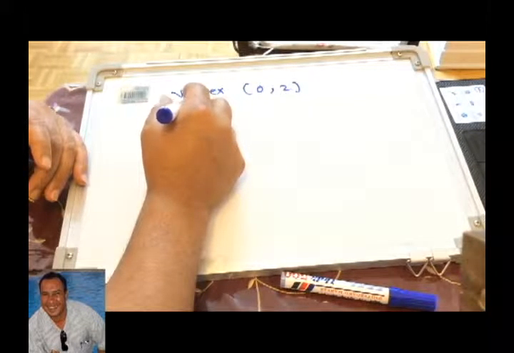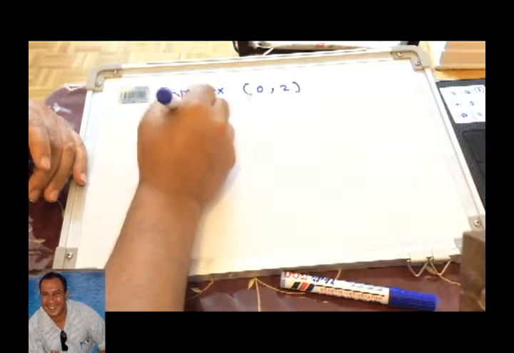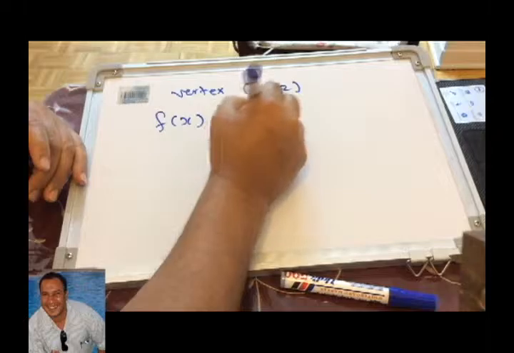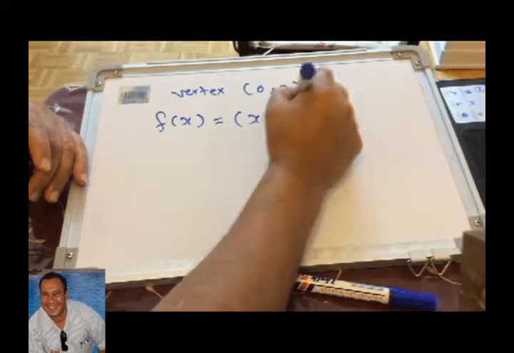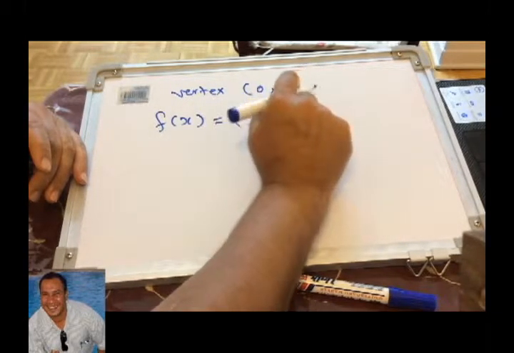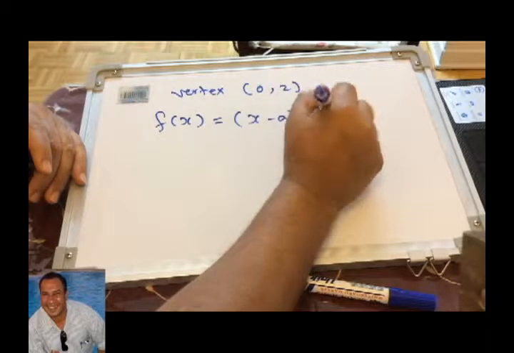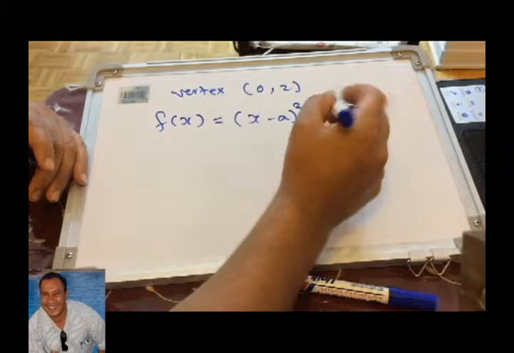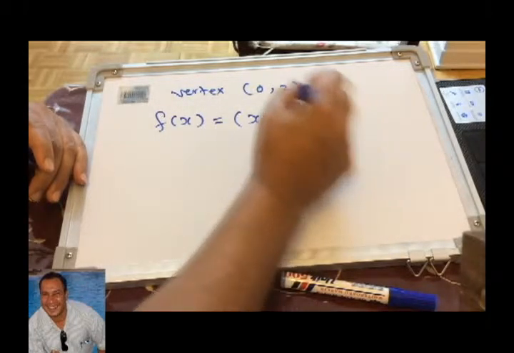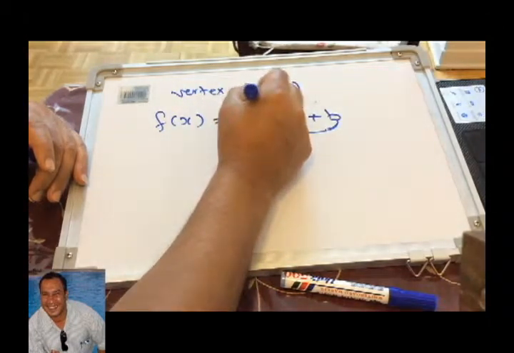The general formula of a quadratic function, if you know the vertex, is f of x equals (x minus a) squared plus b, where a and b are the coordinates of the vertex.